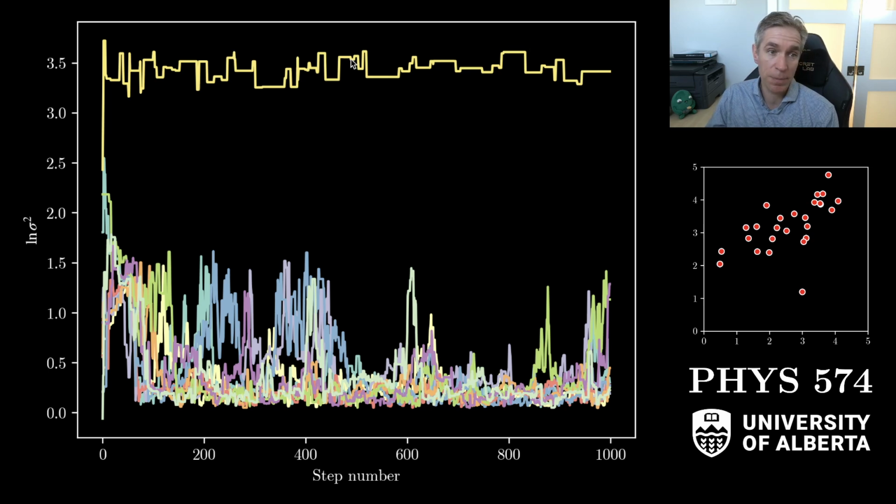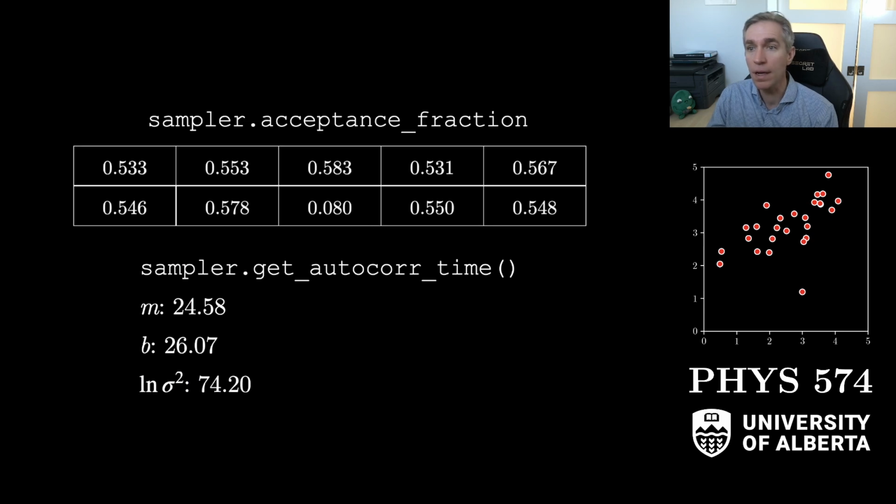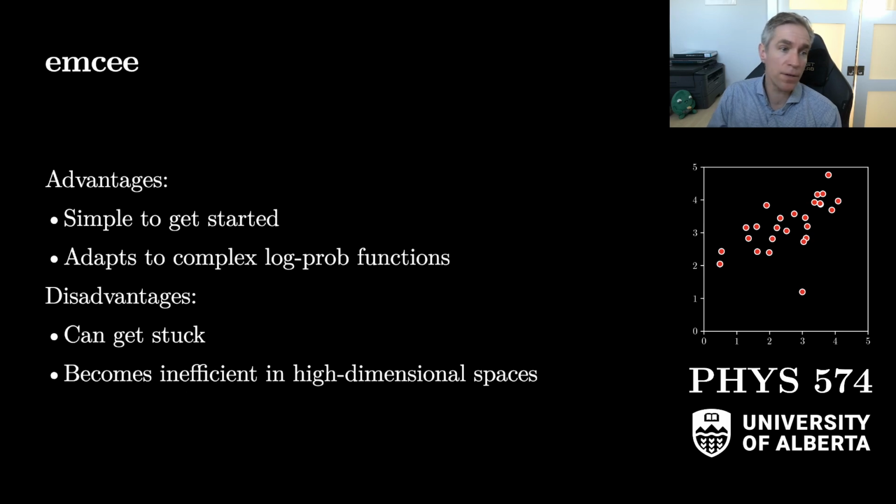It takes lots of steps to find another reasonable value. So this is saying that our chain is too short and we're sending walkers off into low probability corners of the space that they can't get out of. They get stuck. So we've got some bad walkers here, and we'd probably want to revisit how we're doing this MCMC analysis. So this gives you some framework for understanding emcee, the package.